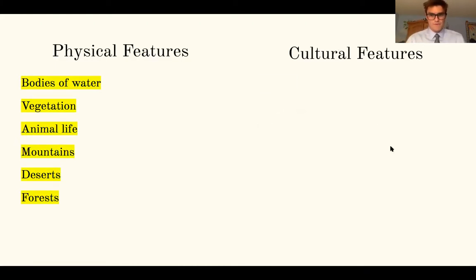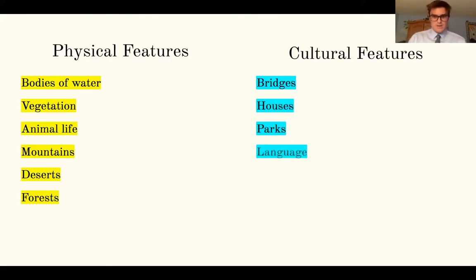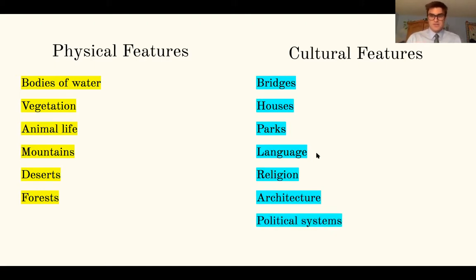What are cultural features? Cultural features are bridges, houses, parks, language, religion, and architecture. All of these things were created by humans. They don't just appear in the middle of nowhere. Political systems as well.